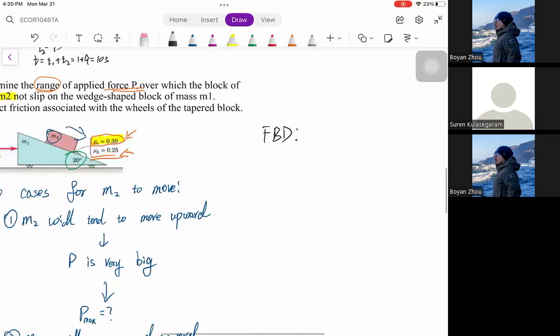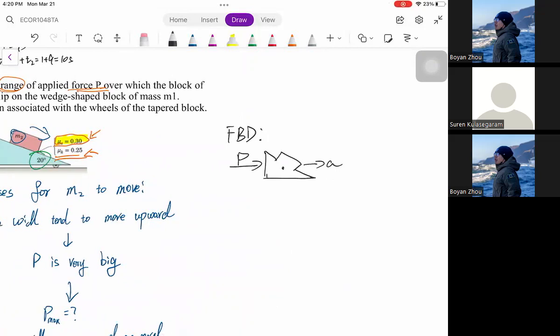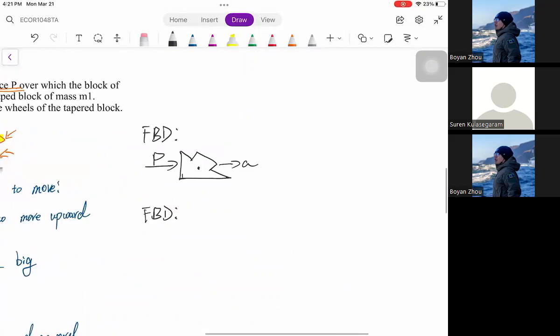Now we'll consider M1 and M2 as the whole body. So when they're a whole body, when the P is applying here, there's going to be an acceleration, and this acceleration is the same for both M1 and M2.